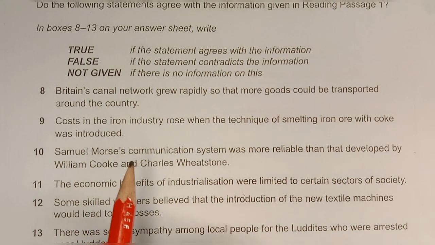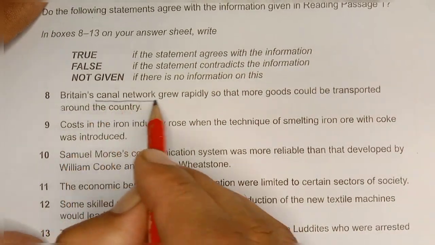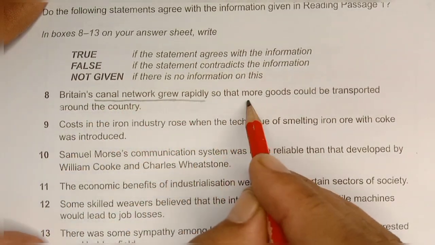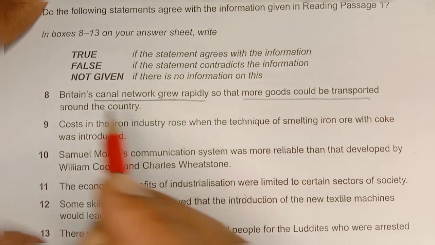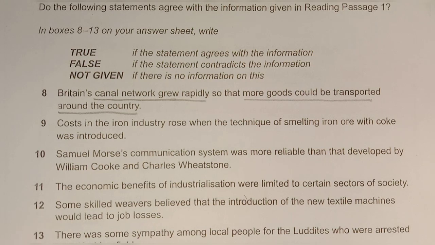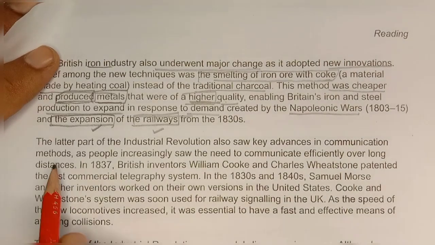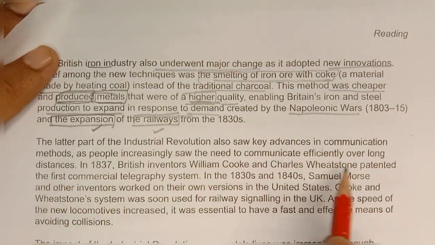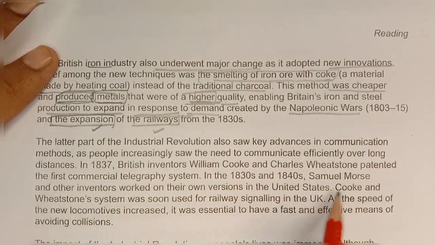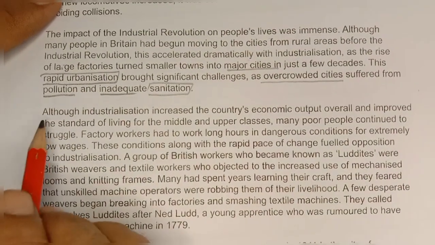Britain's canal network grew rapidly so that more goods could be transported around the country. We'll check where it's mentioned. Somewhere is mentioned canal network. Canal network grew rapidly. So we'll start from here also.